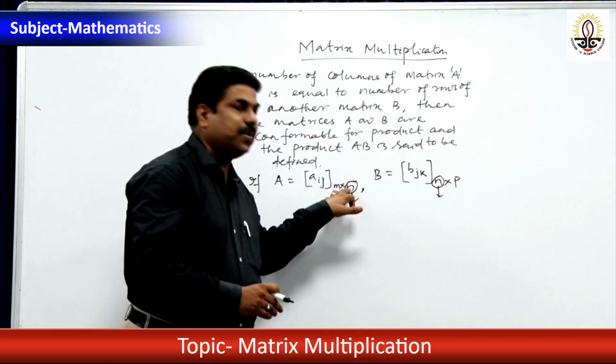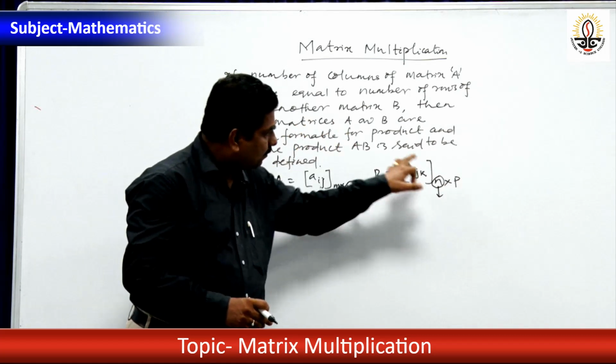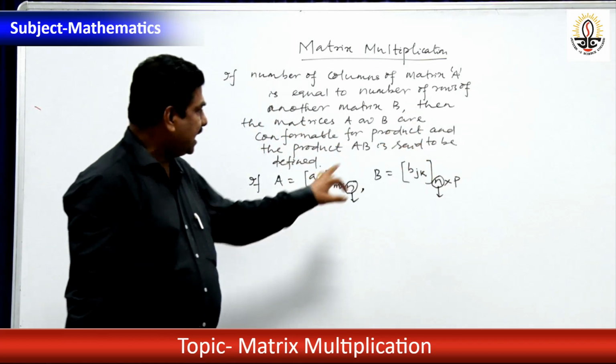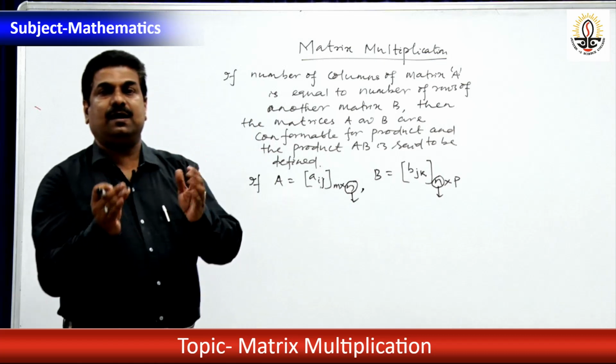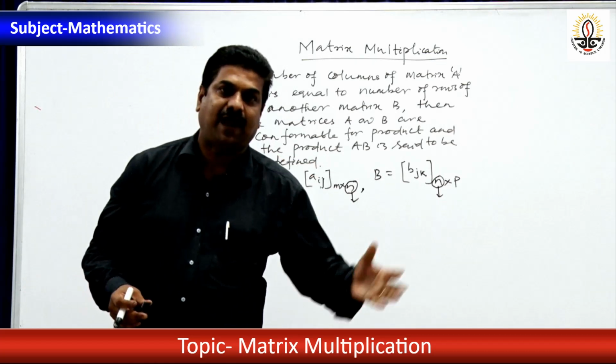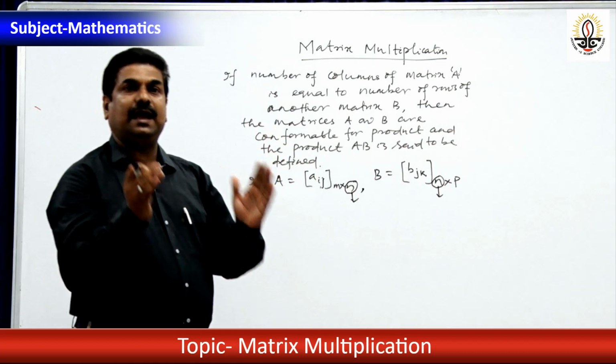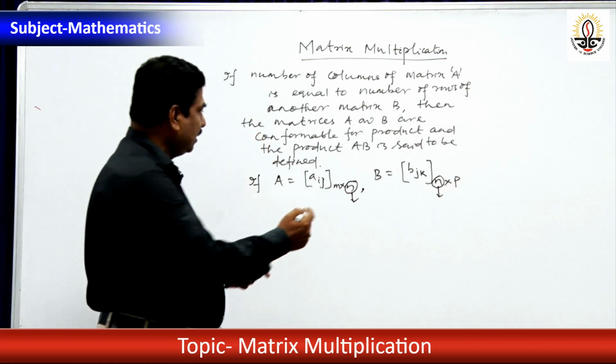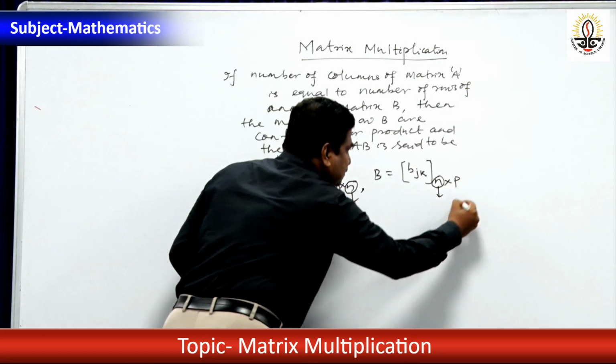Then the product AB is said to be defined, and that product AB is of order m by p.